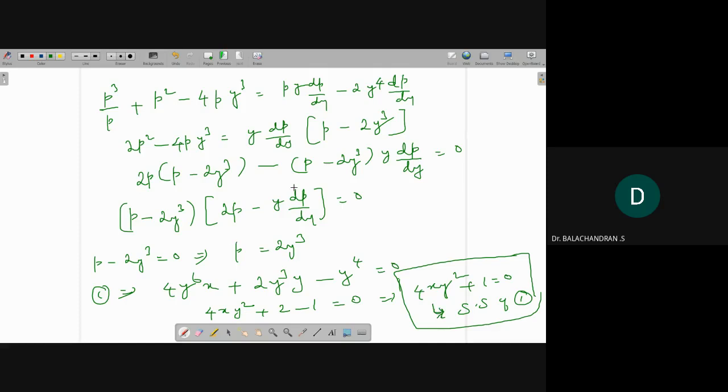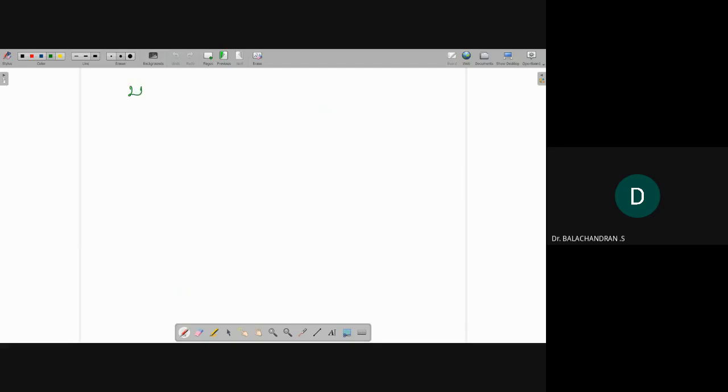Now we should equate 2p minus y into dp by dy equal to 0. So now 2p equal to y into dp by dy.